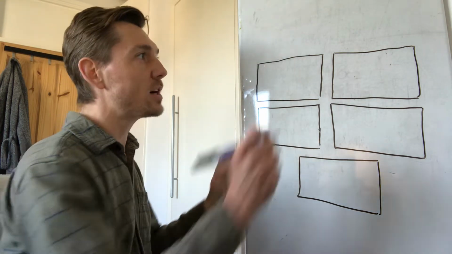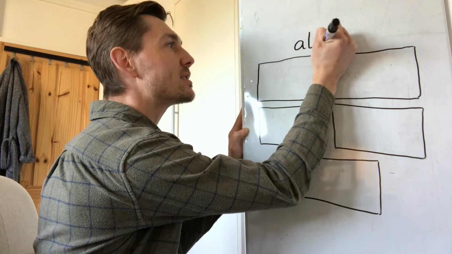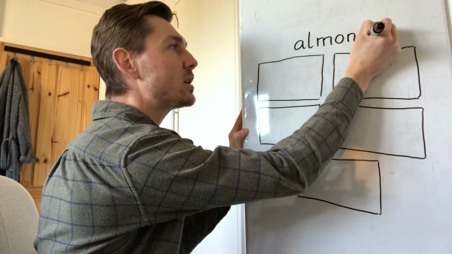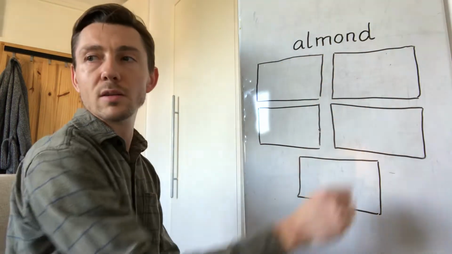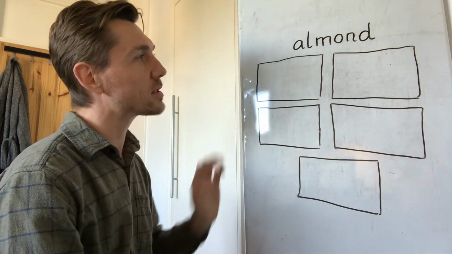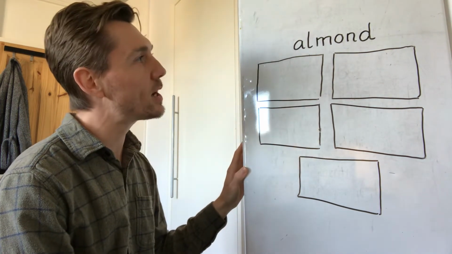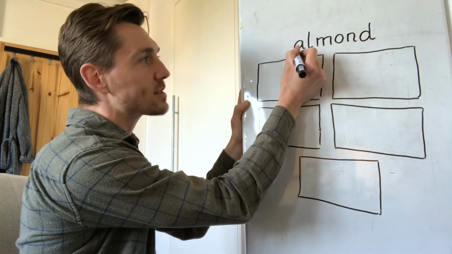So the first word that I'd like you to read first is on the top here. So after 3, we'll read the word. 1, 2, 3. The word is almond. Good, almond. So we know that there's an R spelling in there somewhere, and we can see that it's those 2 letters, 1 sound.